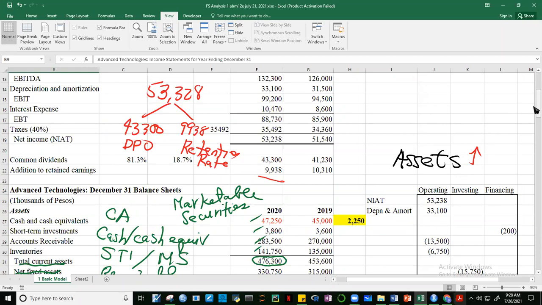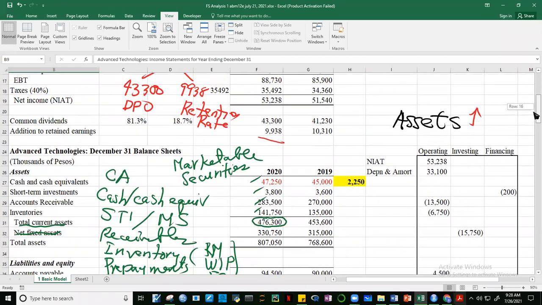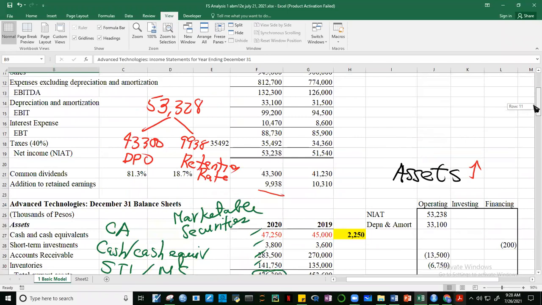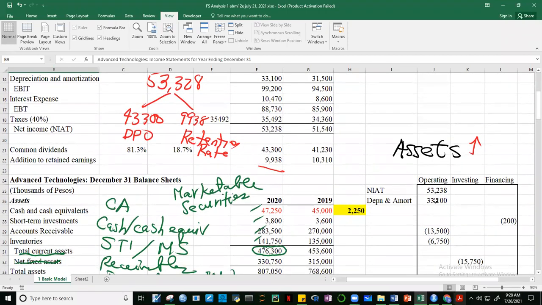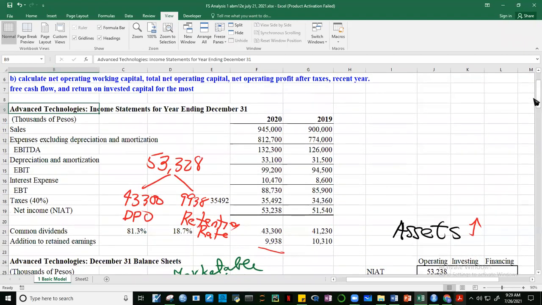And then we learned that there are non-cash expenses that were included in the income statement, and then we have to include that back, no? So since minanage natin depreciation and amortization dito, i-add back natin siya sa statement of cash flows in order to convert it to cash flows. Kasi ito, guys, sabi natin hindi naman cash flow yan.